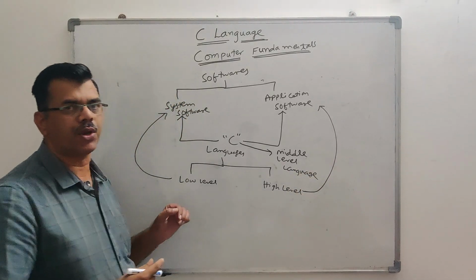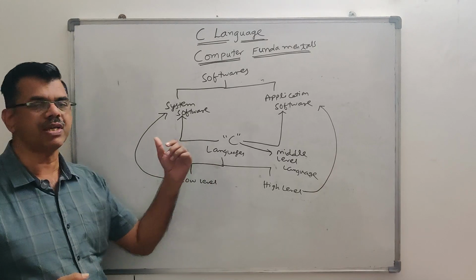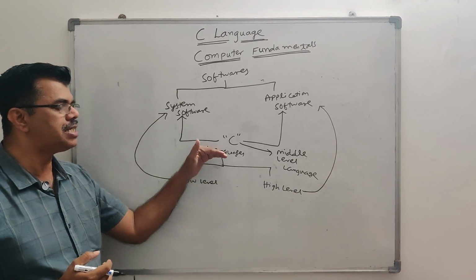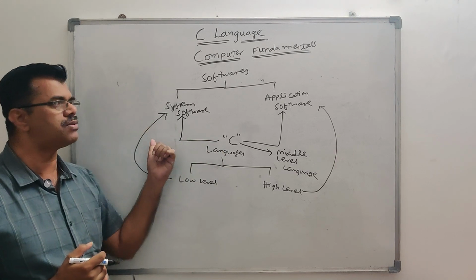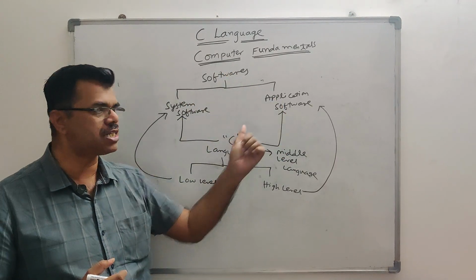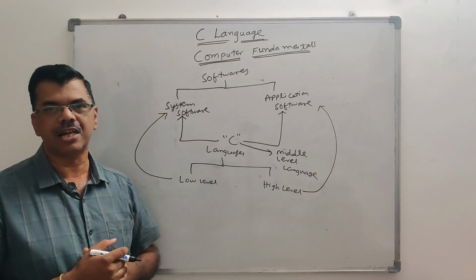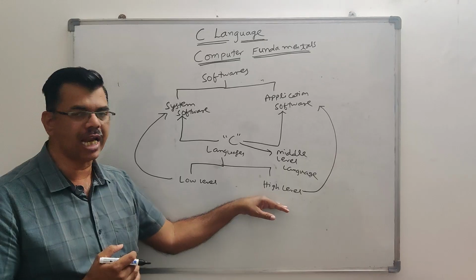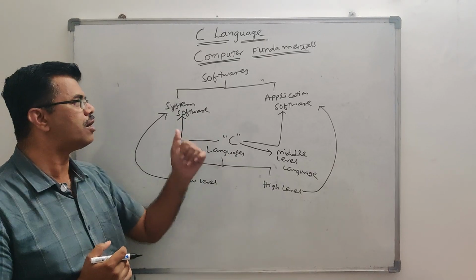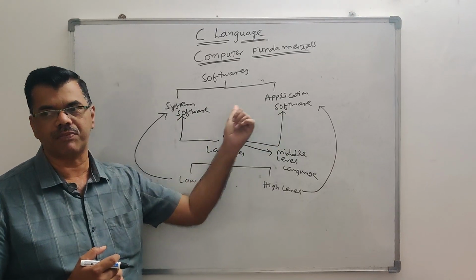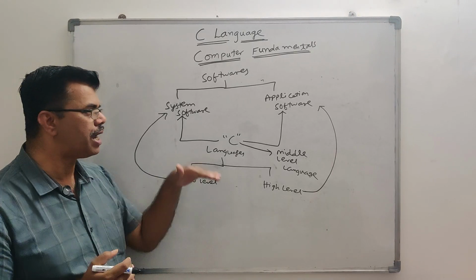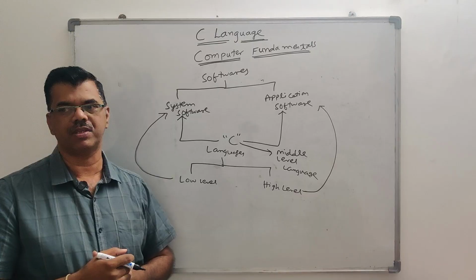If someone asks why C language is called a middle level language, it's a simple answer. Since C is used to develop system software as well as application software, it is also known as a middle level language. It actually comes under high level, but since it is used to develop both, we even call C a middle level language. This is the main introduction of C language.